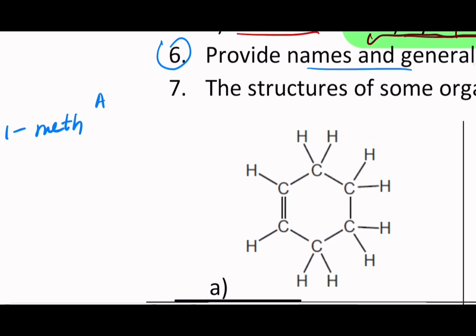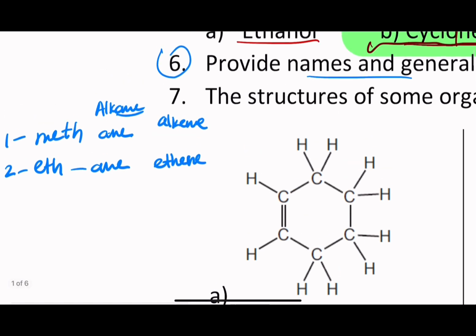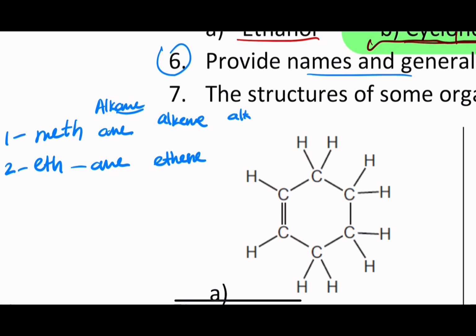So the alkanes have an ending of ane, so it'll be methane. And then the second carbon is eth. It is ethane for alkanes, but for alkene it is ethene, and for alkyne it'll be ethyne. Just the same ending.